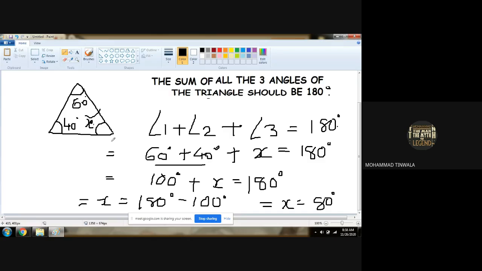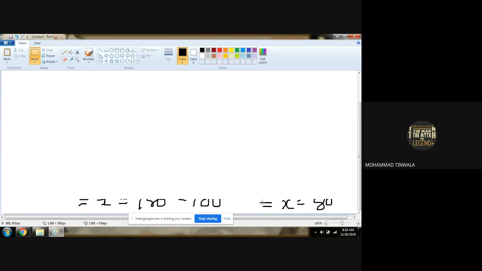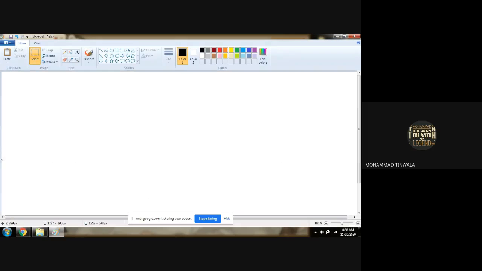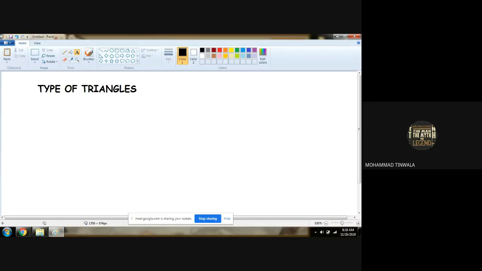Our next topic is types of triangles. What do you mean by types of triangle?